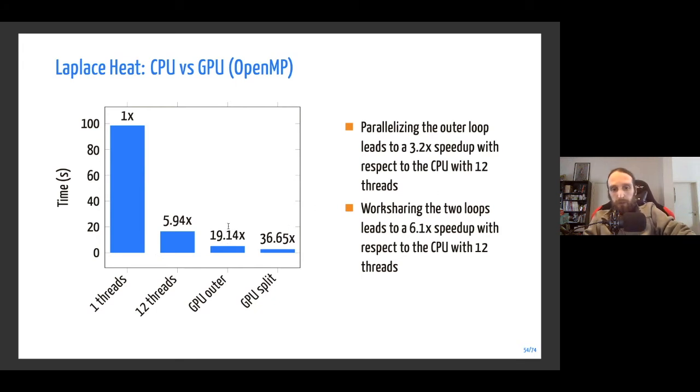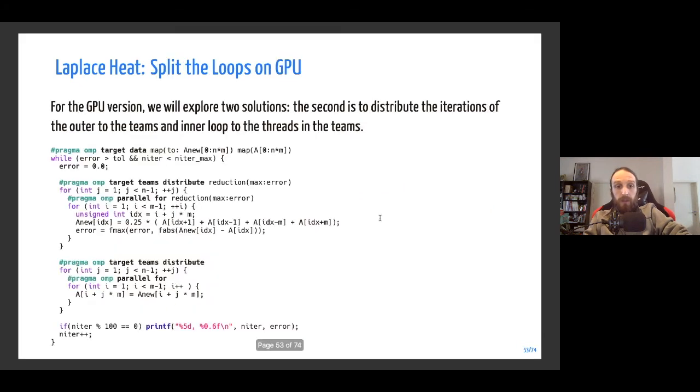So if we just parallelize the outer loop, we get 3.2 speed up compared to 12 threads, and almost double the speed up using the work sharing of the two loops. The reason is, if we just parallelize the outer loop, we don't give the GPU enough parallelism.